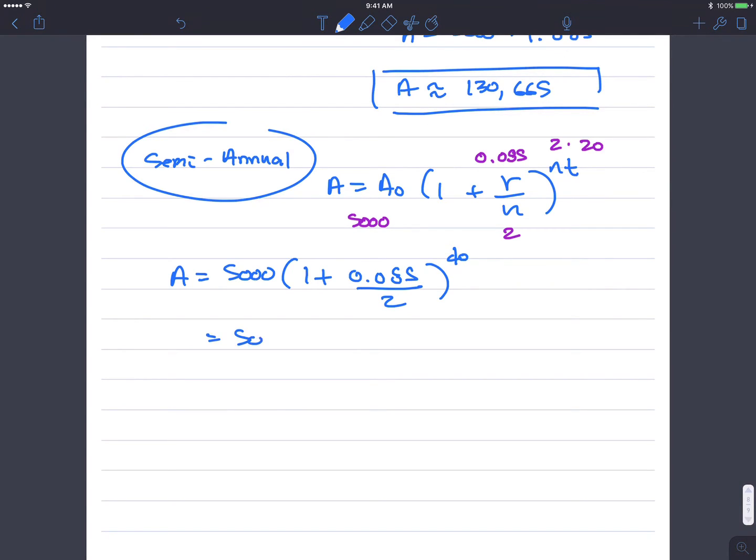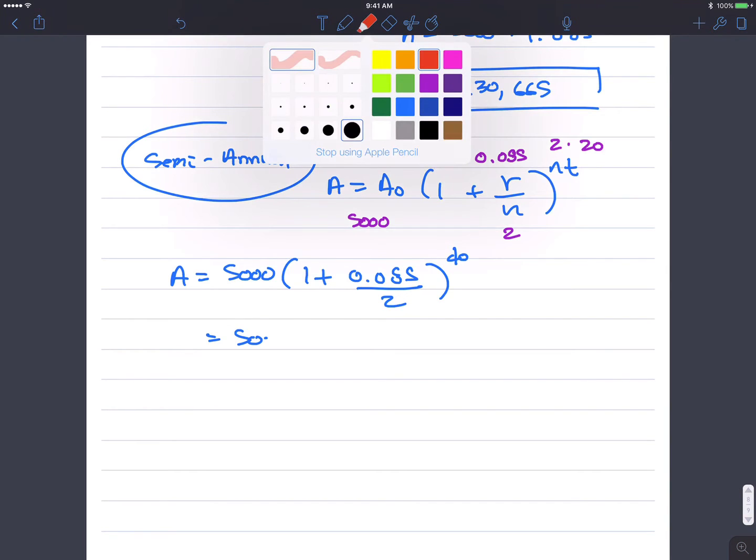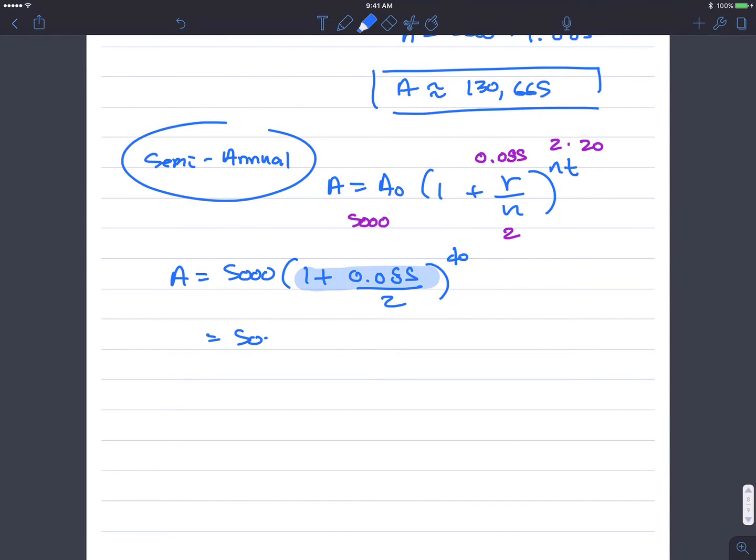This is going to give me, I have to do this computation right in here. Okay? 1 plus 0.085 divided by 2 is 1.0425. So I get 5,000 now times 1.0425 to the 40th power.